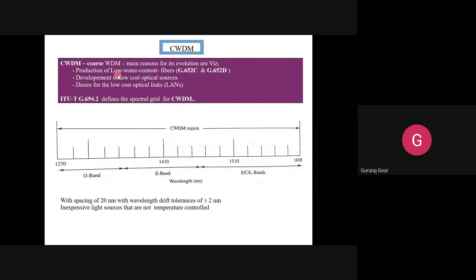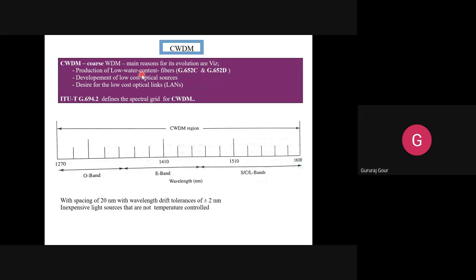It is known as coarse wavelength division multiplexing. It is a main evolution that happened to avoid one of the limitations, because DWDM requires temperature controlled, high power consuming light sources. That is not required here. So low cost optical sources are required, and it is going to support LANs. DWDM supported MAN and WAN. Now it is going to support LAN.